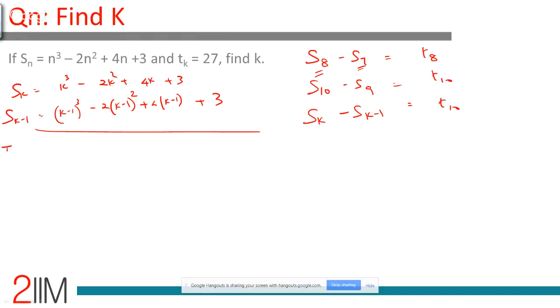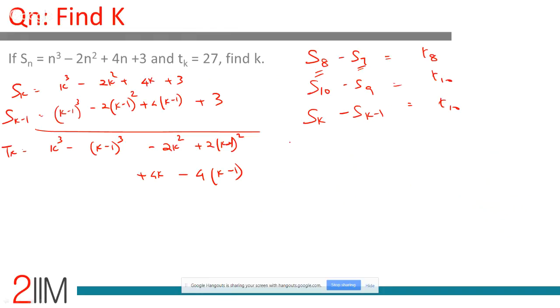Or Tk equals k cube minus k minus 1 whole cube, minus 2k square plus 2 times k minus 1 whole square, plus 4k minus 4 times k minus 1. The plus 3 and minus 3 will disappear.